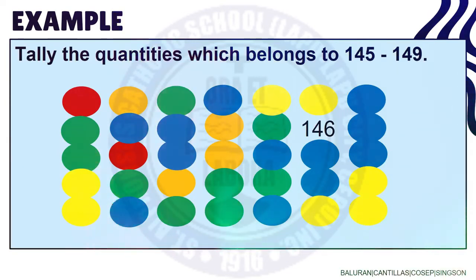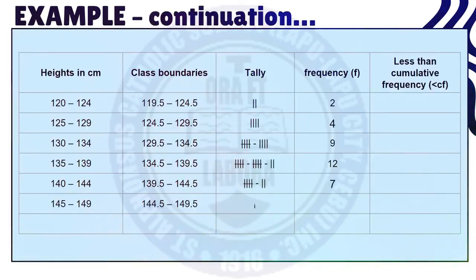Then for the last class, which is 145 to 149, we only have one, which is 146. So the frequency here is 1. So always make sure that the last class should contain the largest quantity of your data. Since our largest quantity is 146, therefore, it is under the last class, which is 145 to 149.